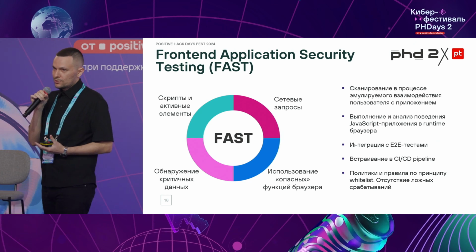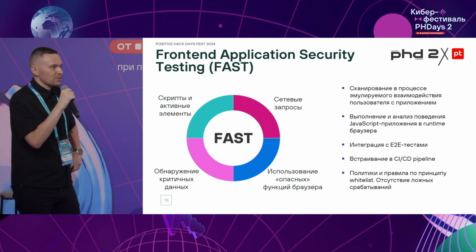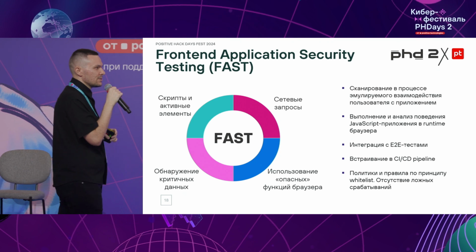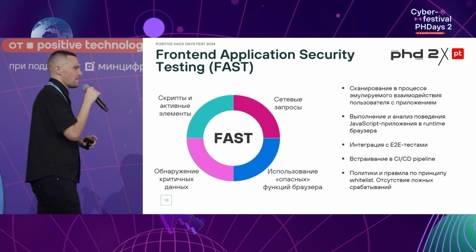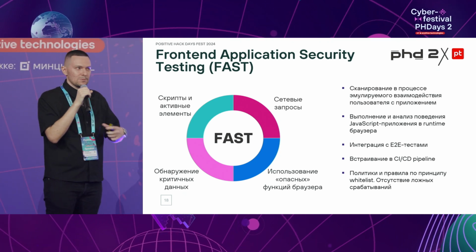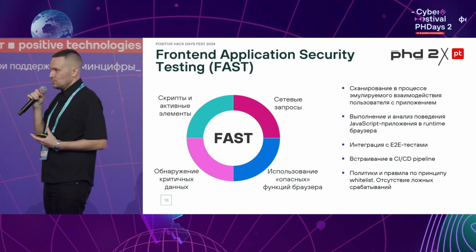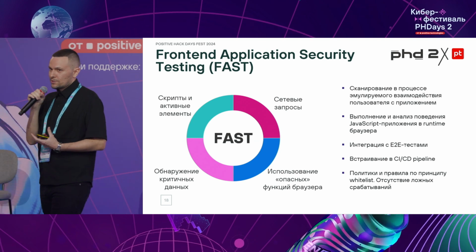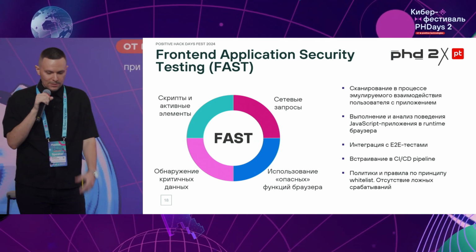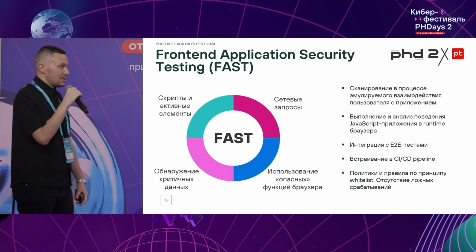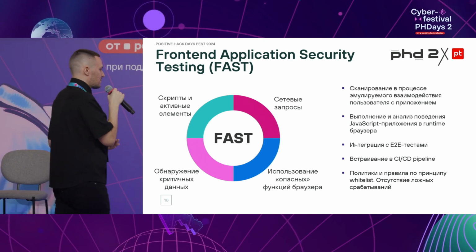The analysis must be only performed in the browser runtime. I decided not to add a dedicated slide, but under the PCI DSS, the specifications of requirements say that due to the specifics of the development of present-day front-end applications, it's only at the client browser level that you can understand what is actually going on, what they are doing.